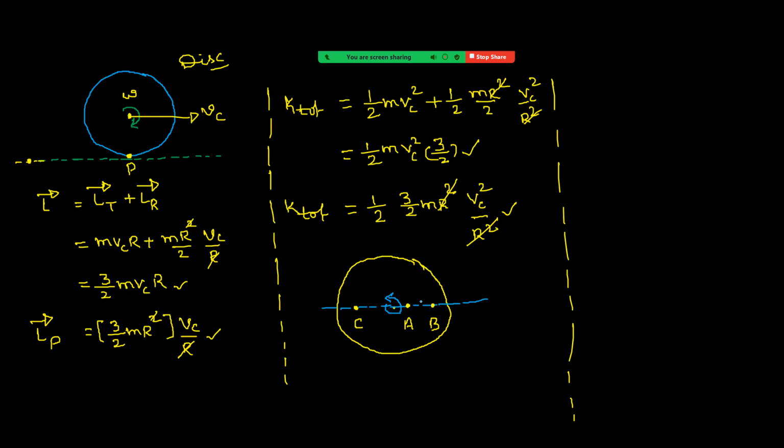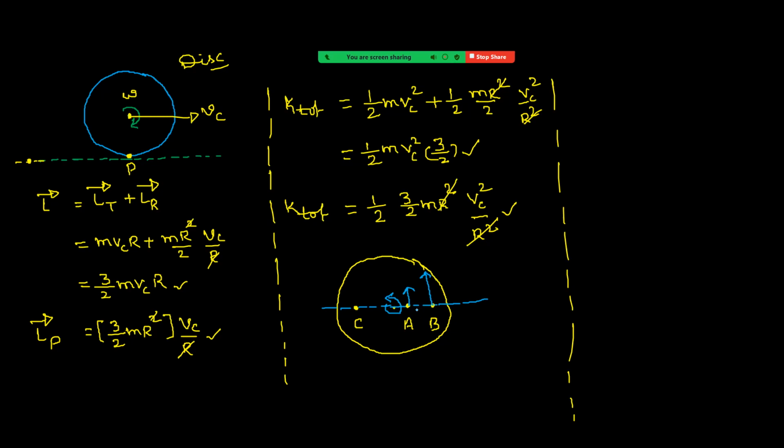Let us take points A and B. For point A, because of rotation, velocity will be like this in direction. For B also, the direction is the same. The only change is the magnitude of velocity, that means speed. Speed of A is less, speed of B is more. So we have learned that points closer to the axis of rotation have less speed. Suppose we are given 2 points A and B, and for those 2 points the direction of velocity is the same.